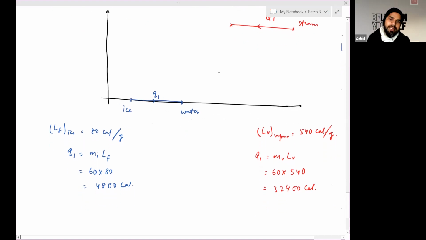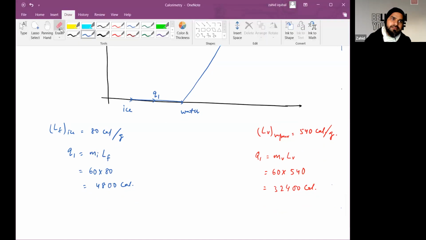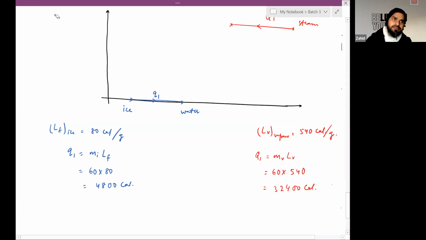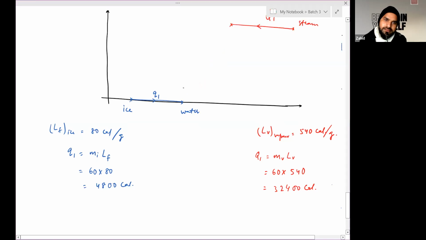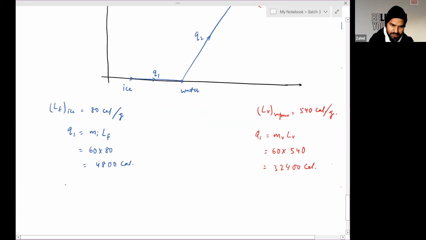So this ice, on converting into water, may raise its temperature to reach this point. So it would require, let's say Q2, to change its temperature from 0 degrees Celsius to 100 degrees Celsius.